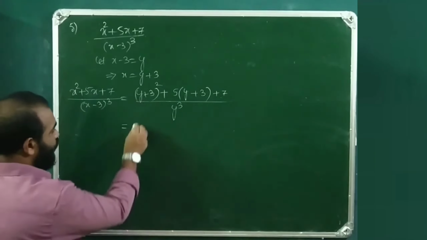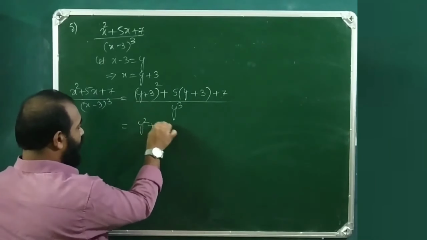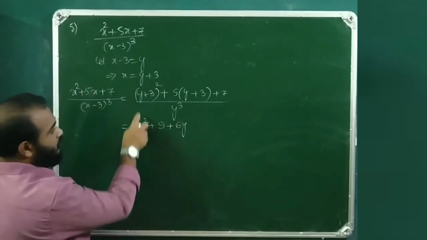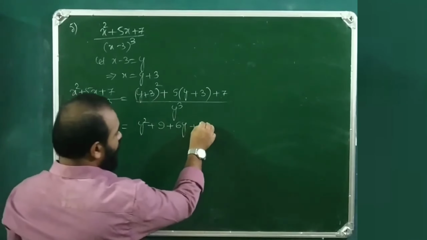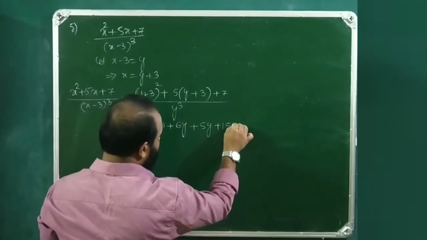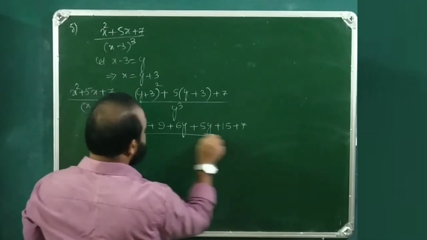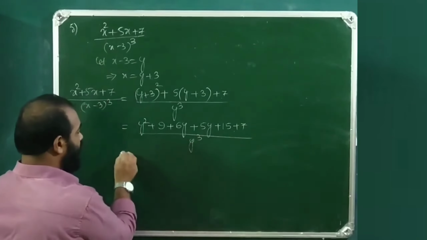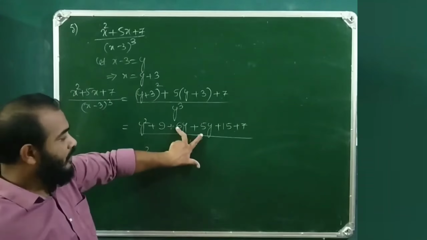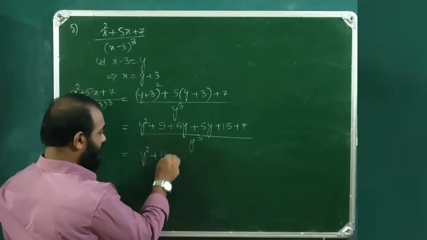So (a plus b) whole square: y square, 3 square 9, plus 2 3s are 6y, plus 5y, 5 3s are 15, plus 7 by y cube. y square plus 6y plus 5y is 11y.